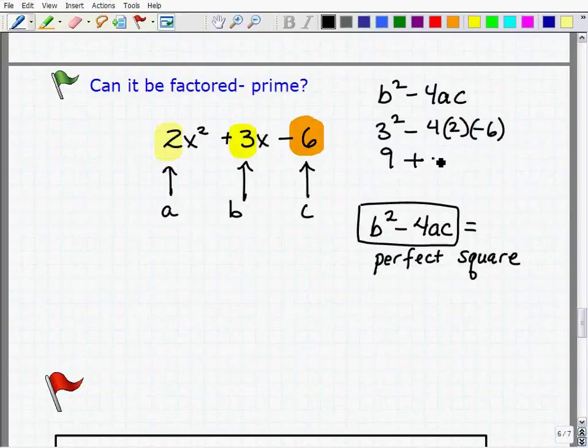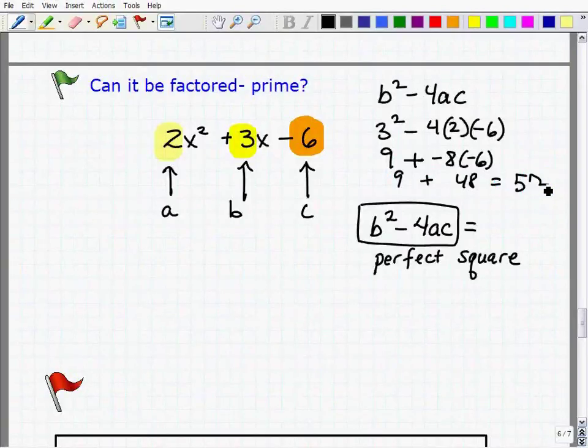All right, so you might want to go ahead and finish that up. So what do you get when you have 9 plus negative 8 times negative 6? You have 48 plus 9, all right, is 57.